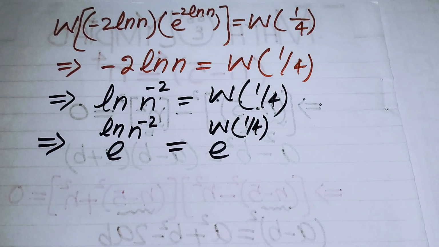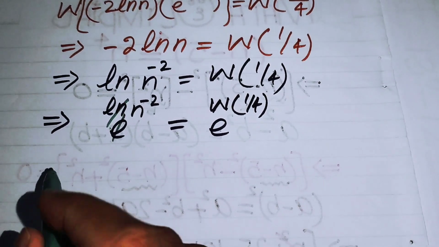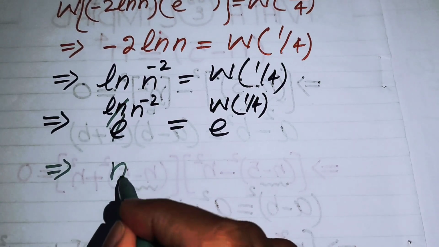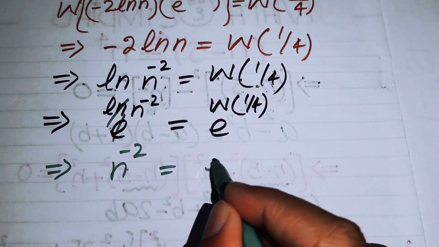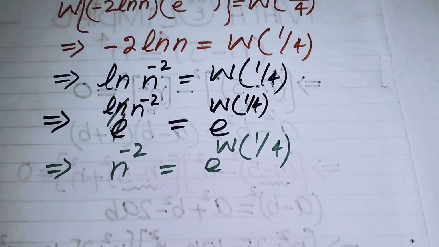So now in the next step you will see here this e and ln are cancelled by each other, and we will get here n to the power of minus 2 equals e to the power of W of 1 over 4.